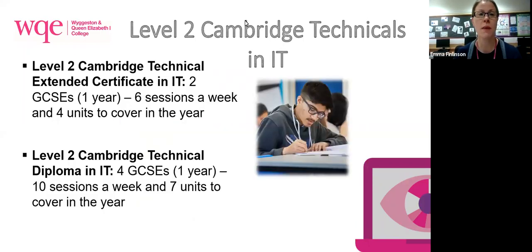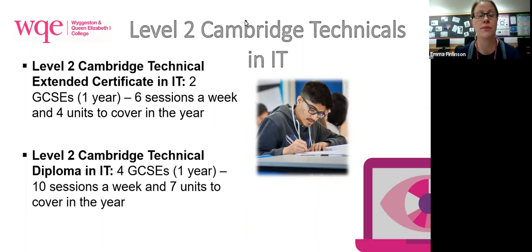At Level 2 in IT we offer two different sizes of course, and they are both certificated by the Cambridge Exam Board, OCR. The first one is the Level 2 Cambridge Technical Extended Certificate in IT, and that is the equivalent of 2 GCSEs.